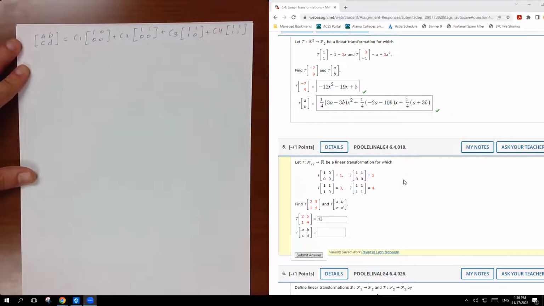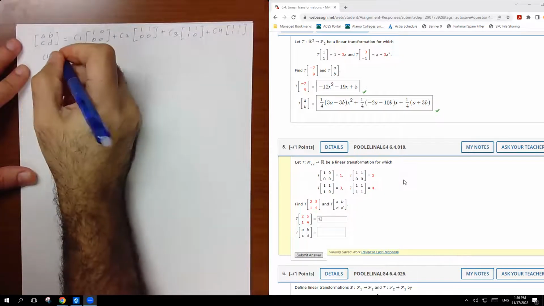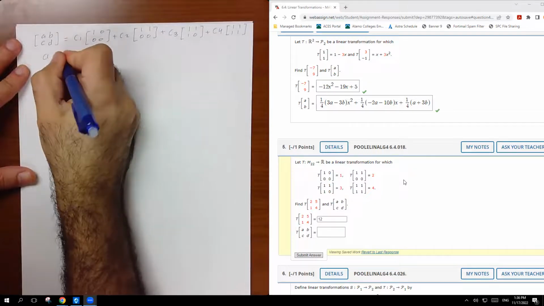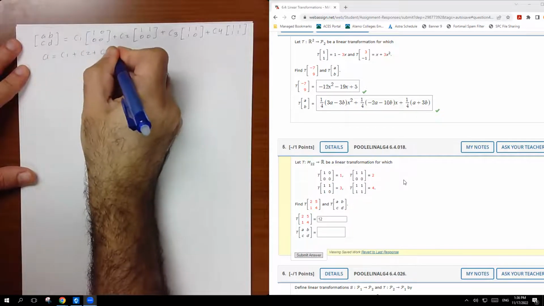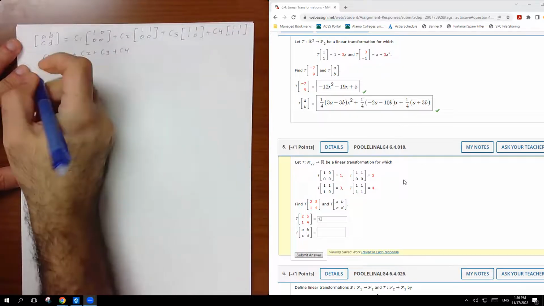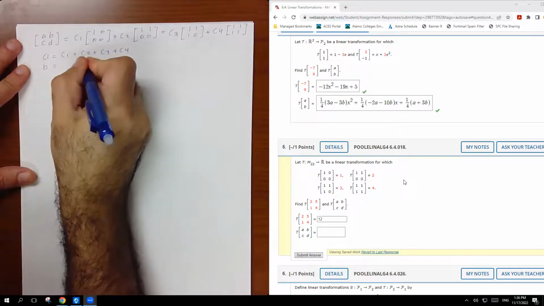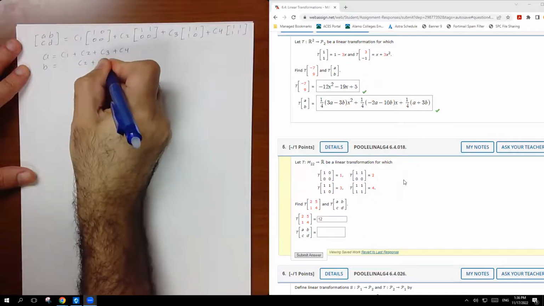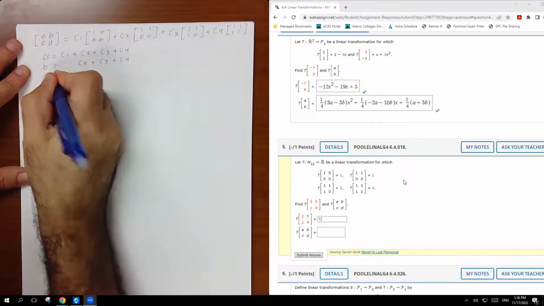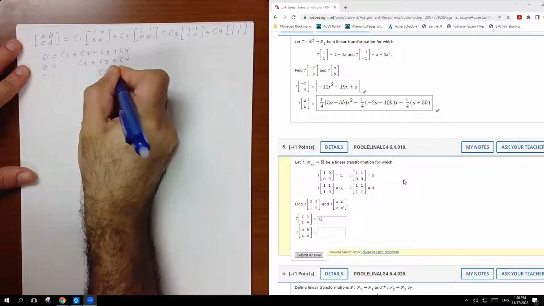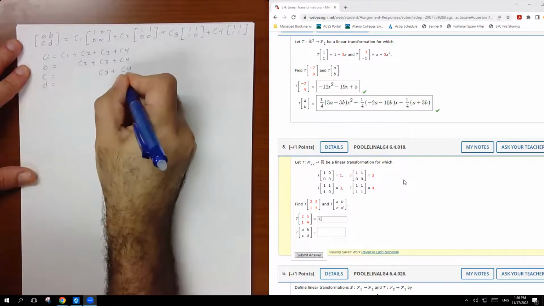So now next step, A is going to be equal to C1 plus C2 plus C3 plus C4. And B is going to be equal to C2 plus C3 plus C4, and C is going to be equal to C3 plus C4, and D is going to be equal to C4.